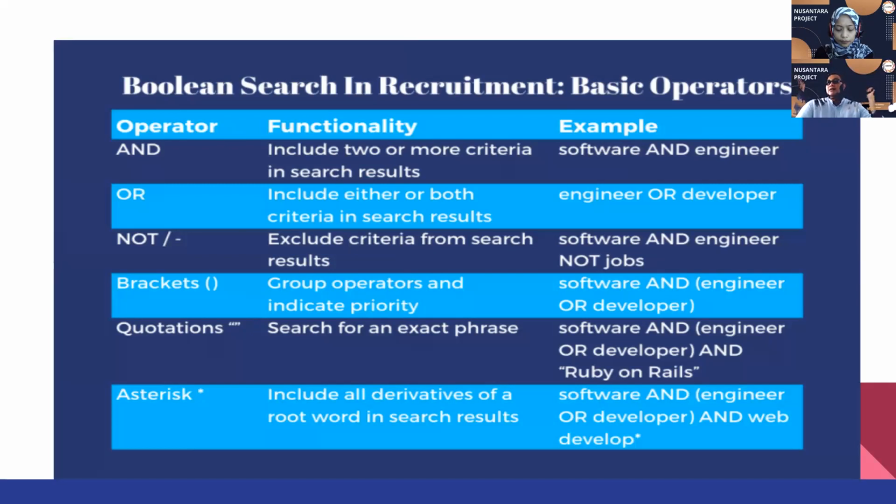Like I mentioned before, start with Bloom's taxonomy. Now, when you type your idea in Google Scholar, for example, or in other journal databases, you need to write with Boolean search, with the operators and, or, not, with brackets, with quotations, with asterisks.